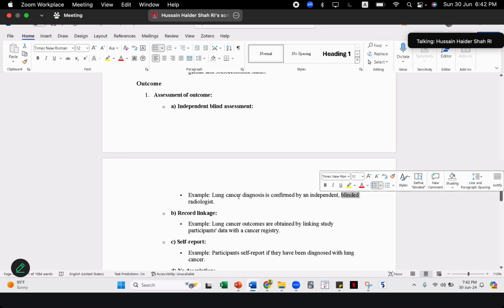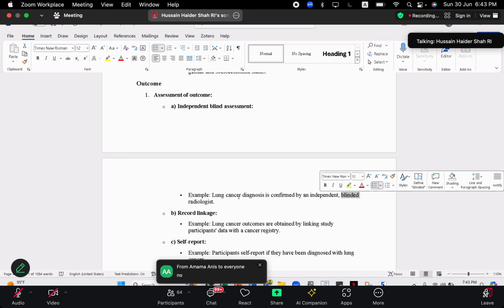Most of you guys do know this word which is used in most studies: single blind, double blind, and triple blind. Do you know what that means?